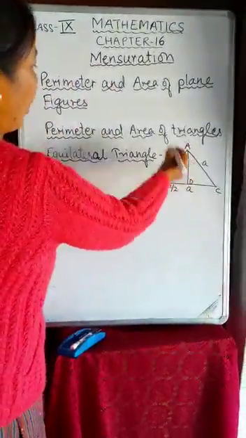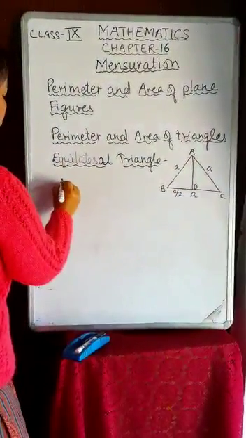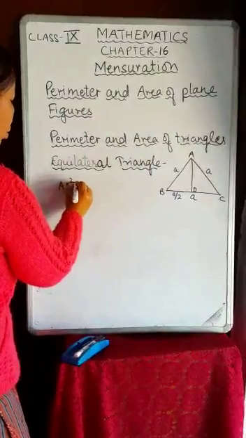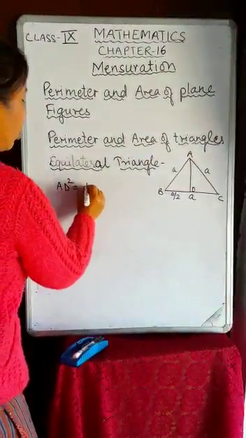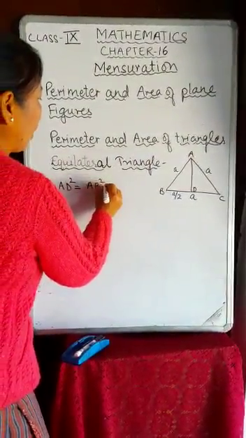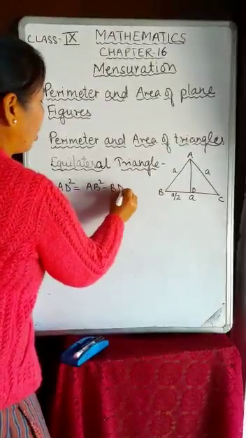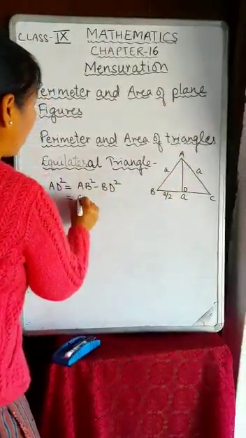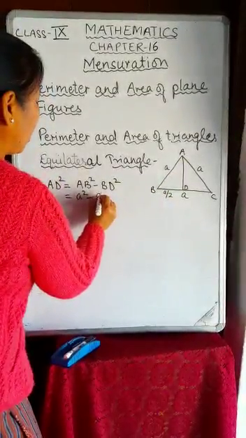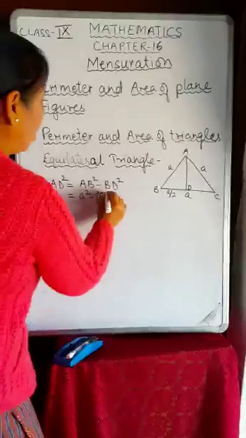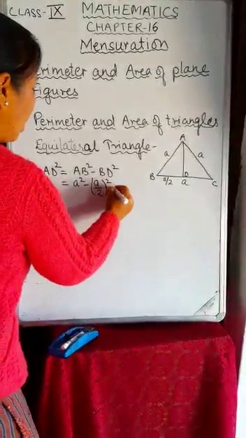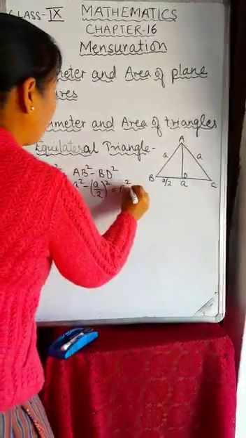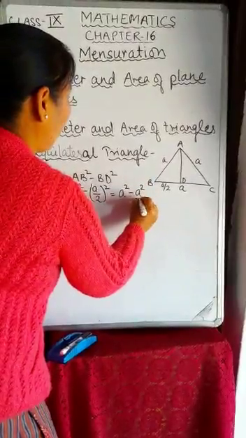And first of all, we'll find the height, that is AD. So by the Pythagoras theorem, AD square will be equal to AB square minus BD square. So AB is a, so it will be a square minus BD, which is a upon 2, whole square, and this will be equal to a square minus a square upon 4.